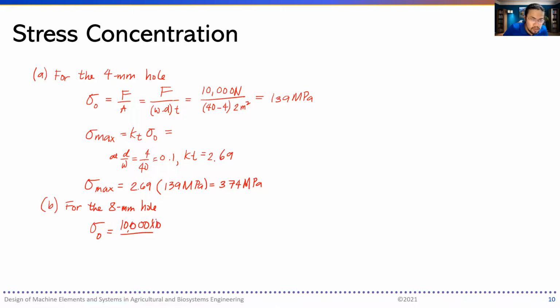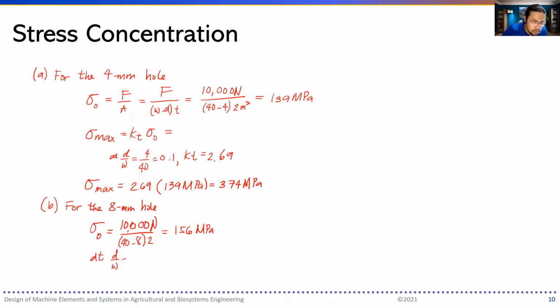Oh no, sorry, it's kilonewtons. Newtons, divided by 40 minus 8 times 2, and it's going to arrive at the value of 156 megapascals.